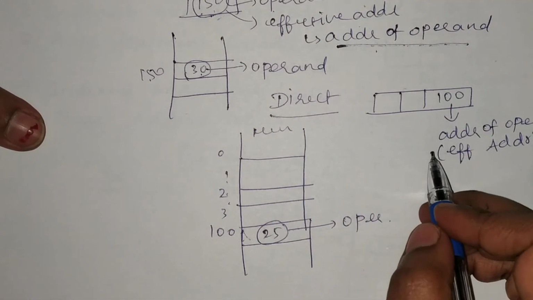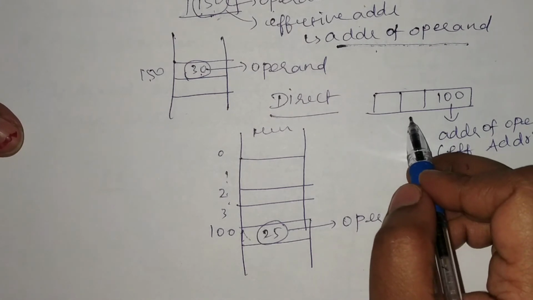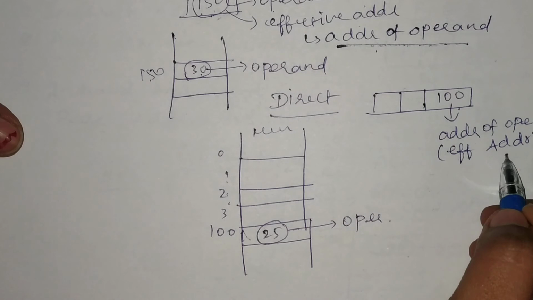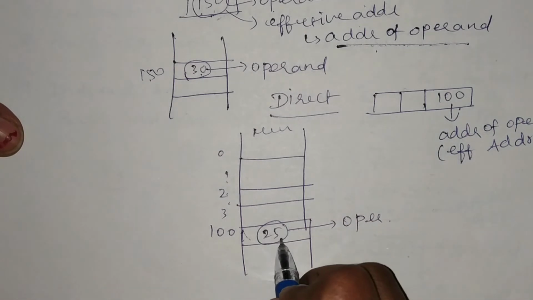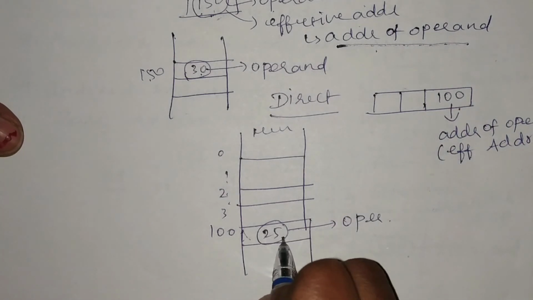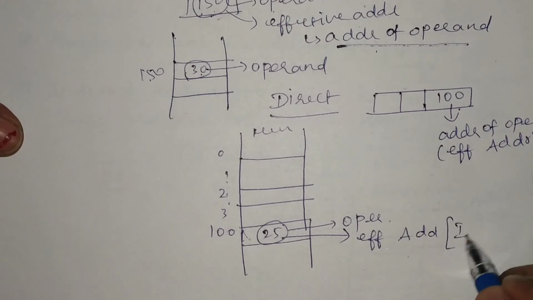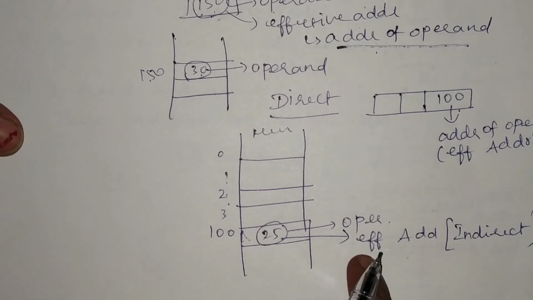If you go to the next addressing mode, which is indirect, the content specified in the address part is not the effective address, and in that location, whatever content we have is the effective address. This is the case in indirect addressing mode.